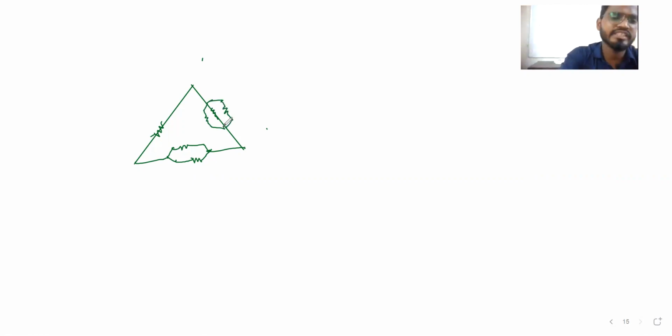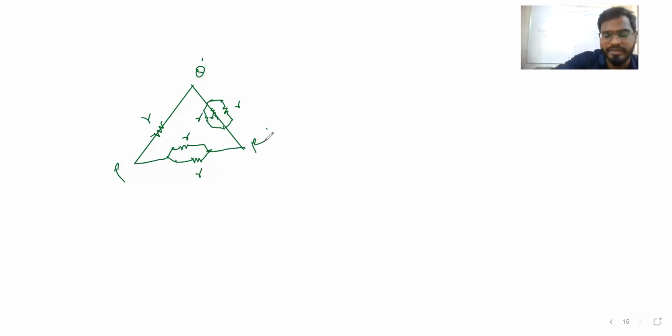So here all resistances are small r. Now they are asking, 6 equal resistances are connected between P, Q, R, as shown in the figure. The net resistance will be maximum.